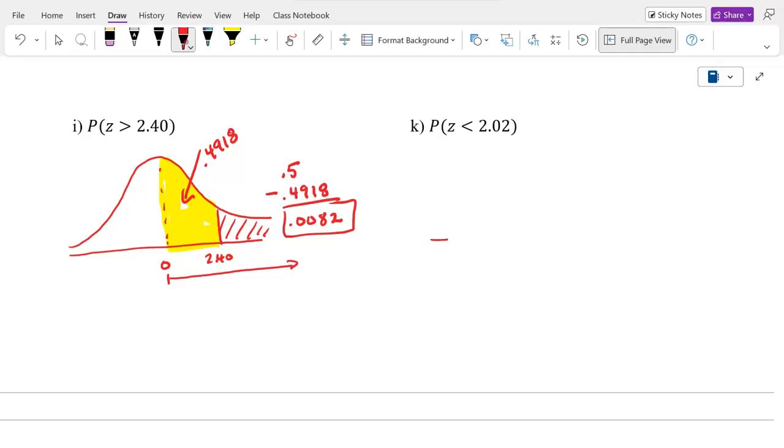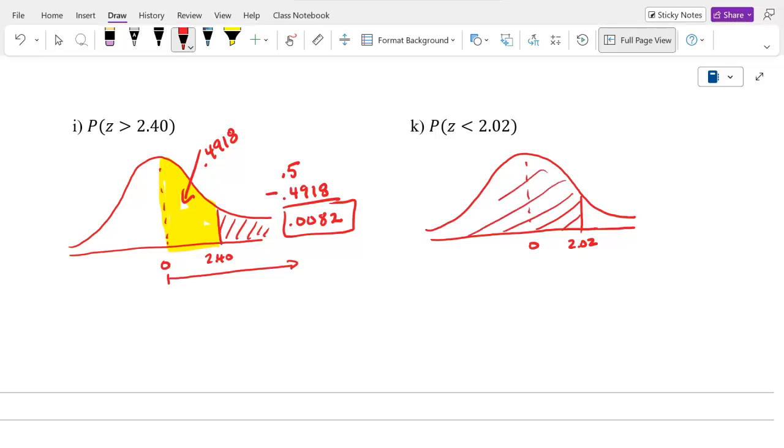Let's do it one more time. All right, 2.02 is over here, and z is less than that, all the way to the left. Remember, if it's supposed to stop at 0, it'll be included in the direction.